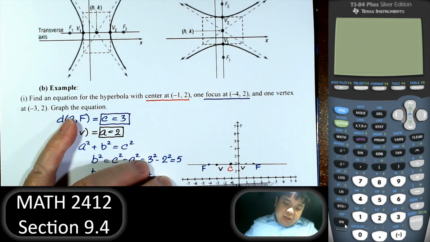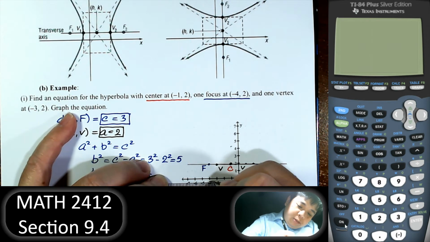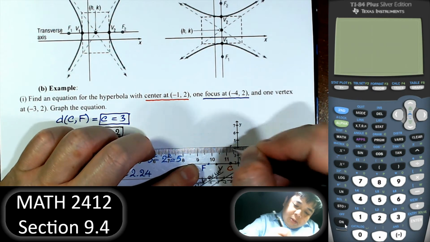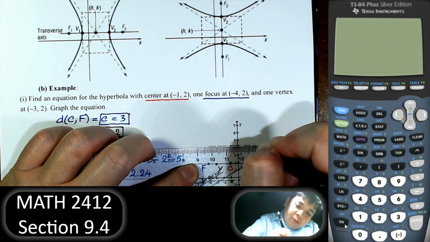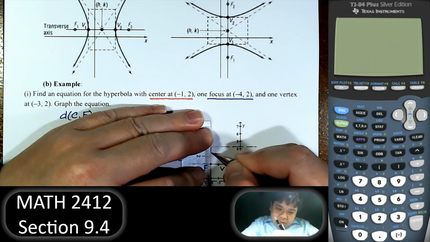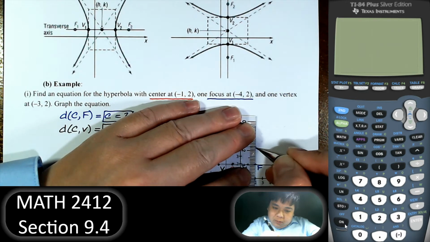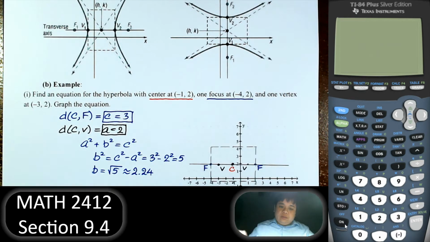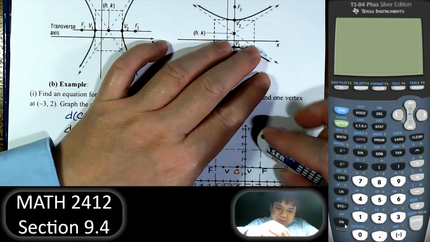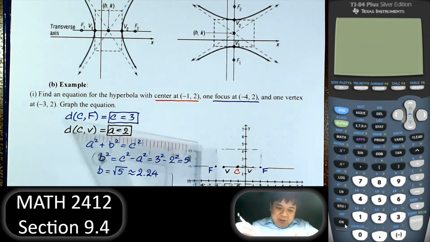So we can have a box, and we can draw the diagonals. Keep doing that. The box goes up to the vertex, not to the focus, sorry.